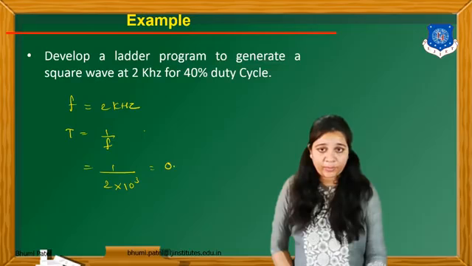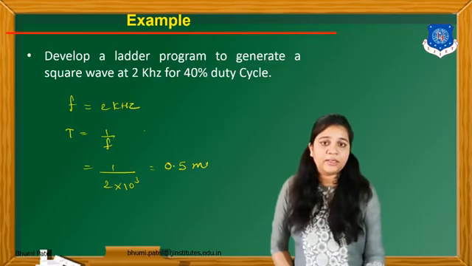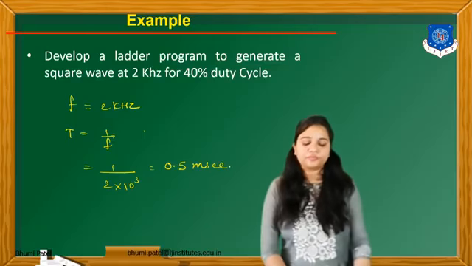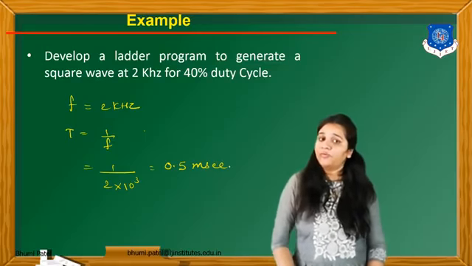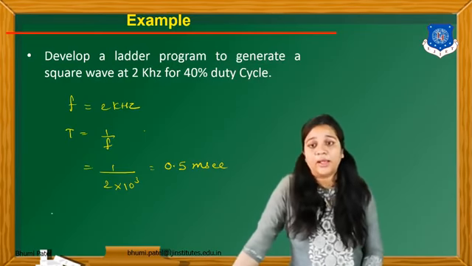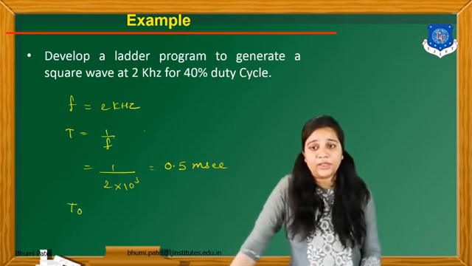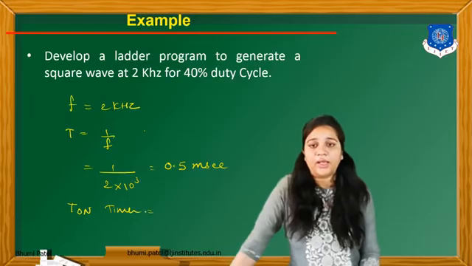So we get 0.5 millisecond, and here the duty cycle is 40%. So we have to find the T on timer timing and the T off delay timer timing.